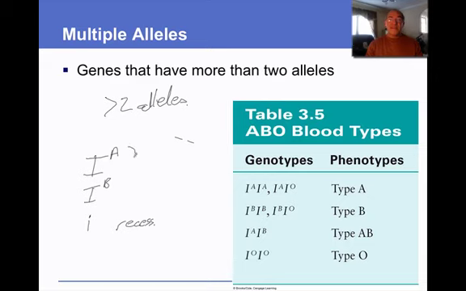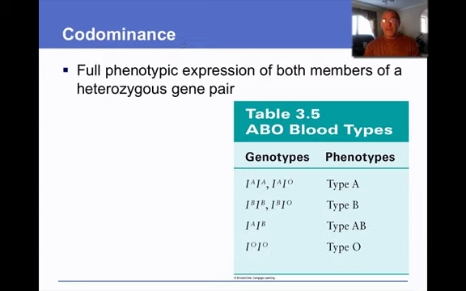Because these 2 are still dominant, and because, as you can see here, you can have a genotype that has both big A and big B together, causing, in this case, type AB blood, not only do blood types display multiple alleles, they also display something called codominance.